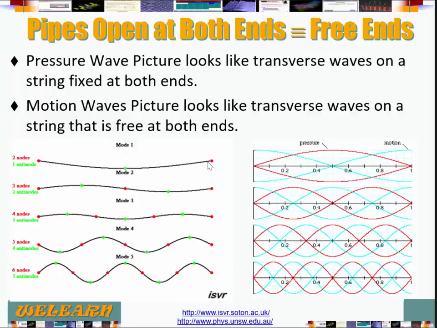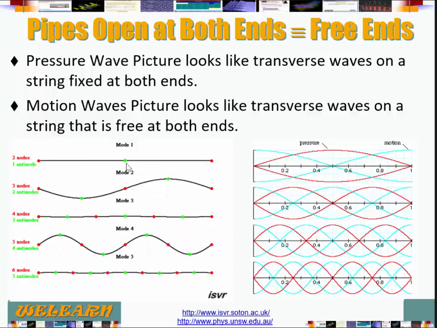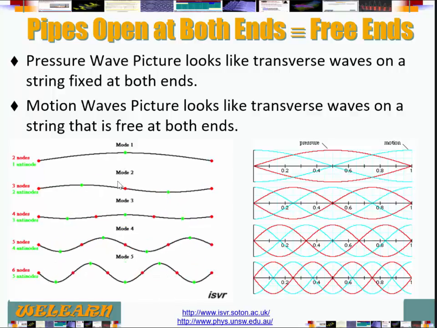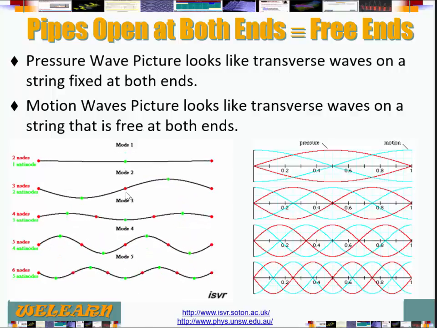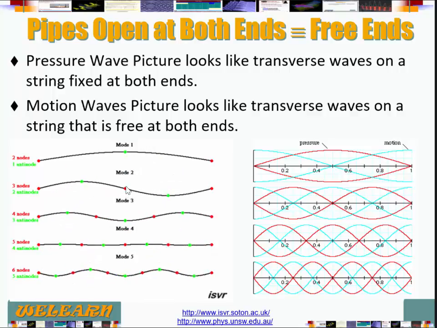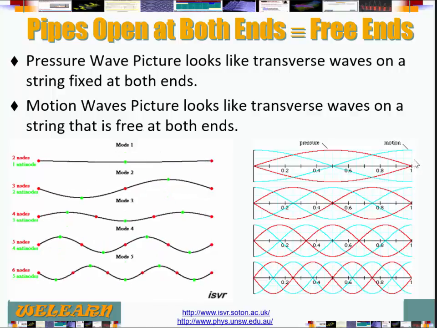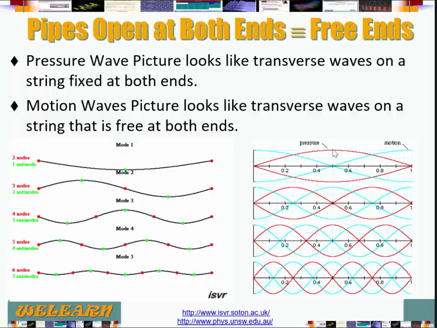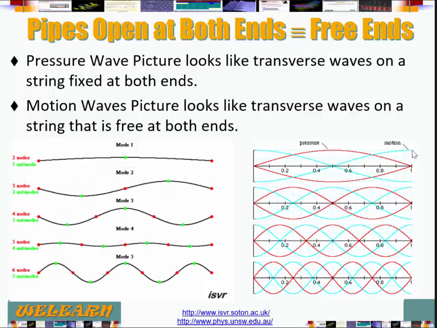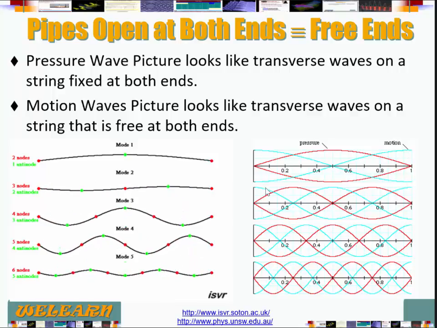So you see here the red curve, we have a node at both open ends and an antinode in the middle. That's my fundamental frequency. And then at the first harmonic, this is what we have. At the second harmonic, third harmonic, fourth and fifth. We can see both of them here. The pressure segment in red and the cyan, that's the displacement of the air molecules.